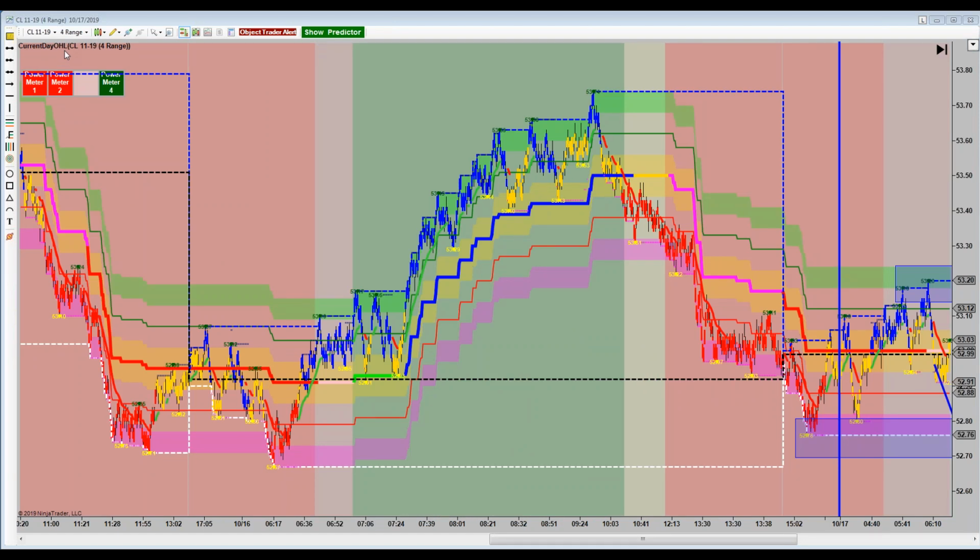You don't have to do anything special to get it. Now I configured these lines. I just made them different colors. The base indicator has different colors, so I made the high blue, the low white, and the starting point black dashes. You can make those whatever colors you want. You can make them as bold or as thin, smaller or bigger, whatever visually works for you.